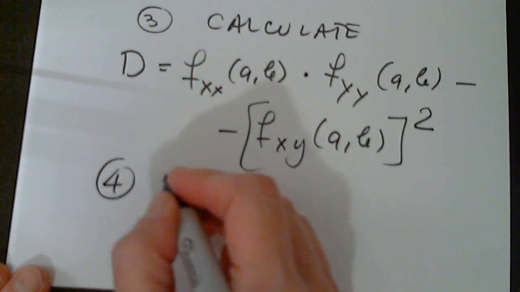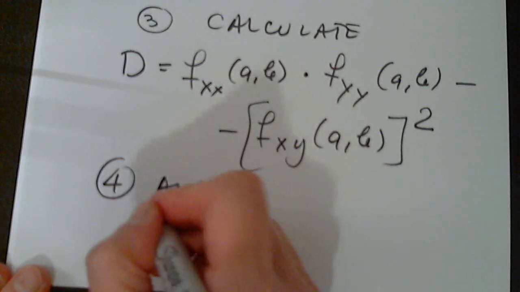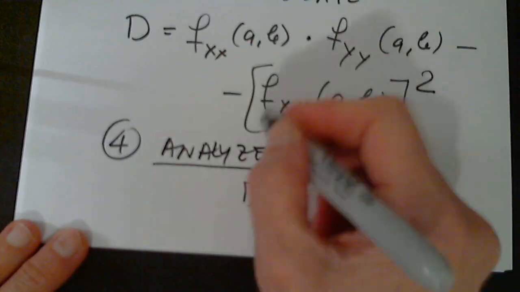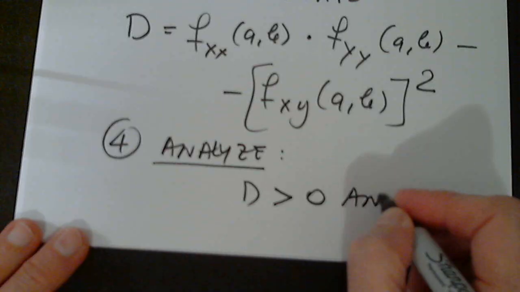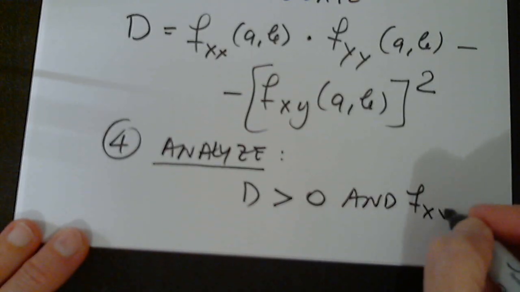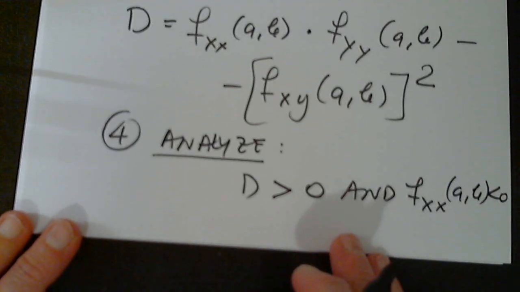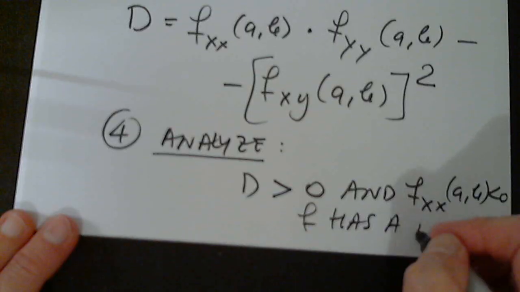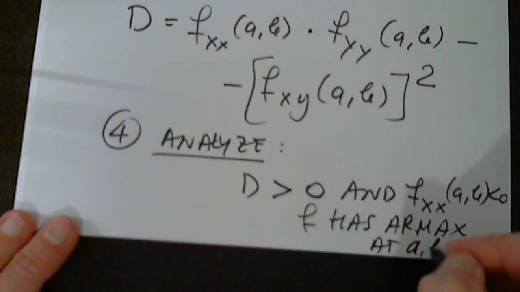In step 4, analyze. What am I analyzing? If this number d is a positive number and fxx at a, b is negative, f has a max, a relative max at a, b.